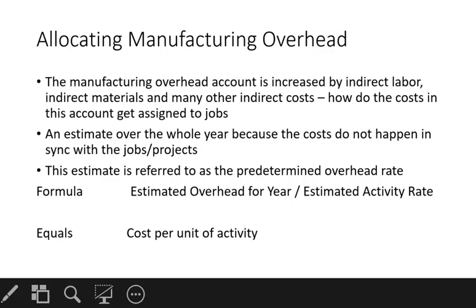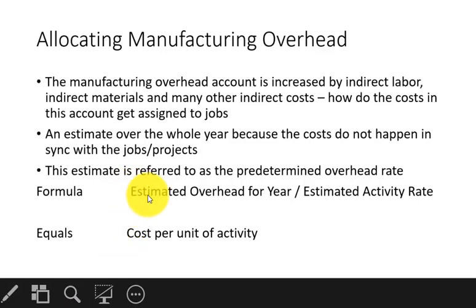So those utilities aren't based on the number of jobs or the work you're doing, it's just based on the temperature outside. So you have to estimate that at the beginning of the year and kind of spread it out like it's even over the whole year.